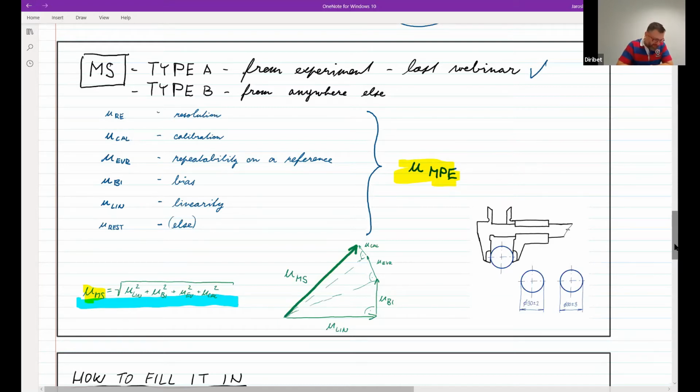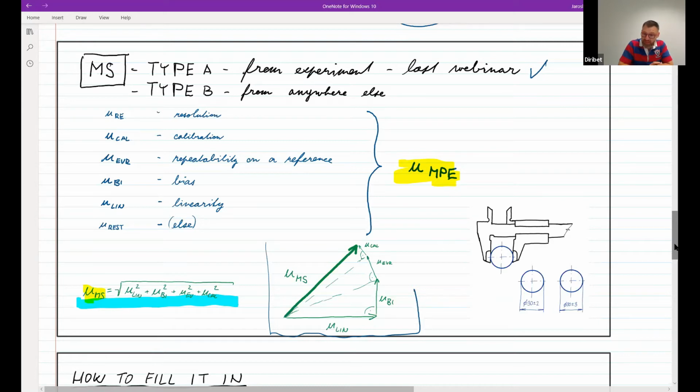It can be thought of as a sum of vectors, as it is in this picture. So you take the first one, let's say the linearity down here, and you make a perpendicular vector of the size of bias, and you have a right-angled triangle.